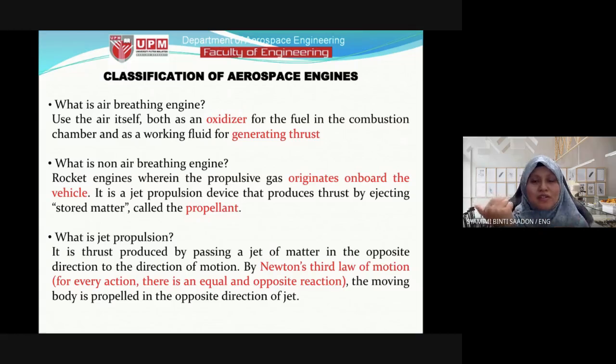Equal force in the opposite direction acts on the system. The moving body is propelled in the opposite direction of the jet. So when we have thrust, the aircraft engine will move, based on that principle of Newton's third law.